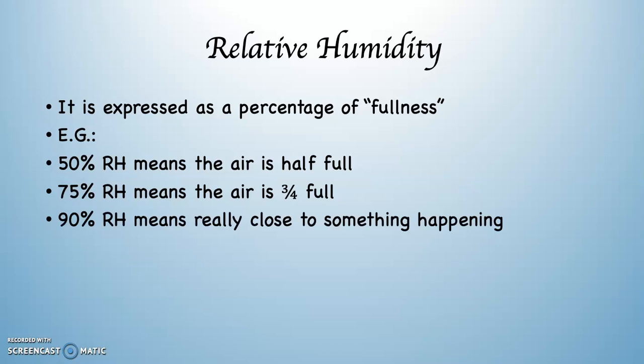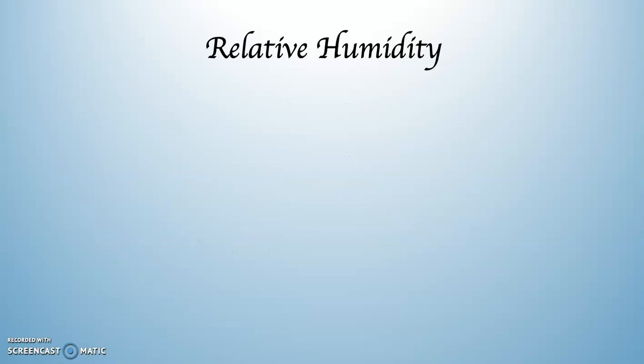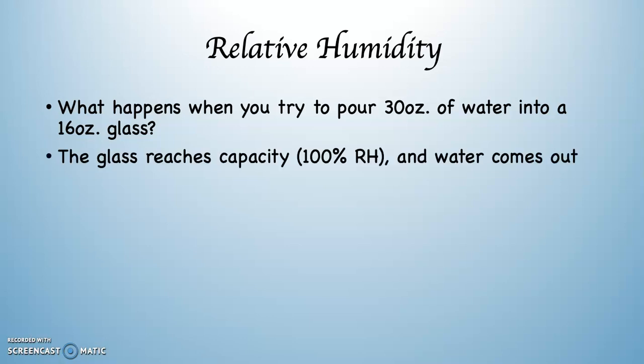If they tell you the atmosphere is at 90% relative humidity, what they're telling you is that we are getting really close to something happening because the proverbial atmospheric glass is getting fuller and fuller. Just try to look at this like the glasses of water and you'll probably be okay. What happens when you try to pour 30 ounces of water into a 16-ounce glass? The water pours out, right?